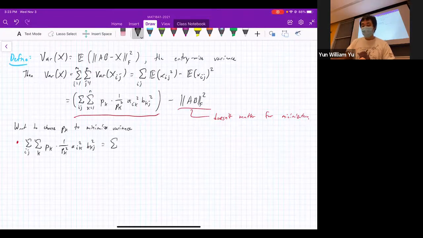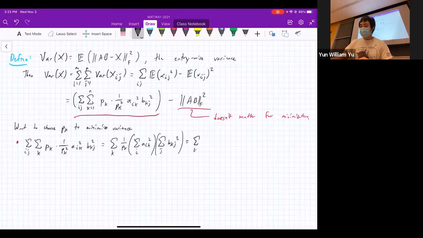So that's equal to the sum. Now we're going to use our standard trick of moving around all the indices and the summations. So we're going to have the sum on the outside be the sum over k of 1 over pk, and then a sum over i of aik squared and a sum over j of bkj squared. And so you notice that we can separate it out in this way.